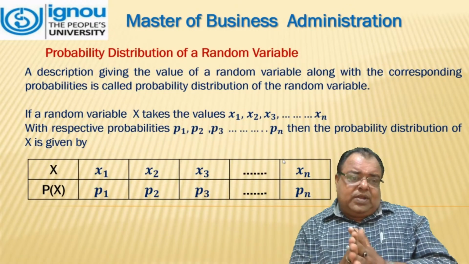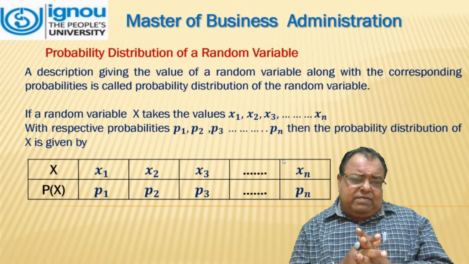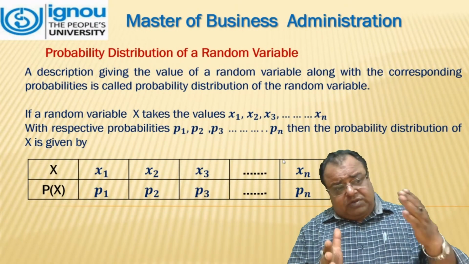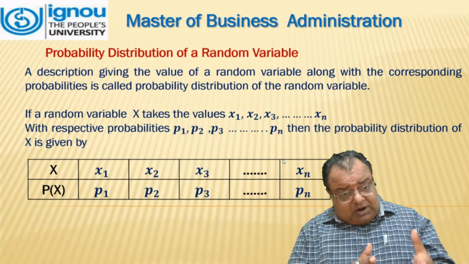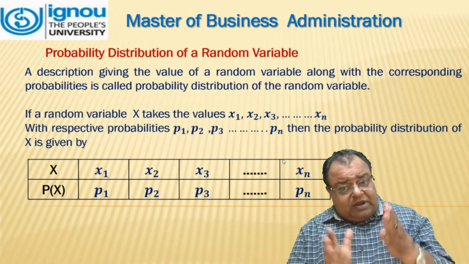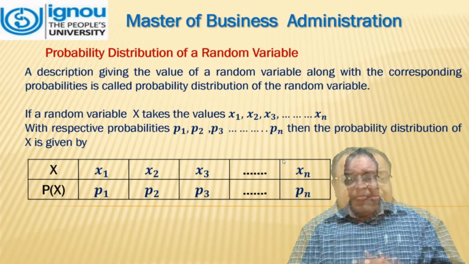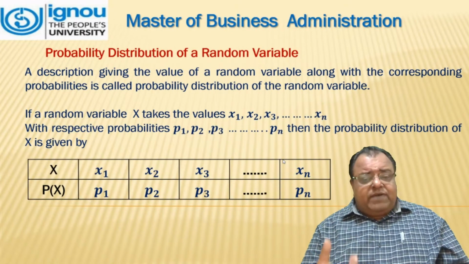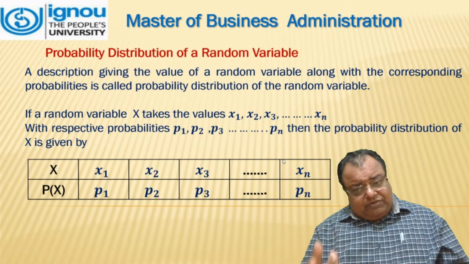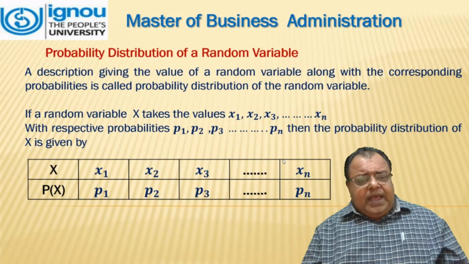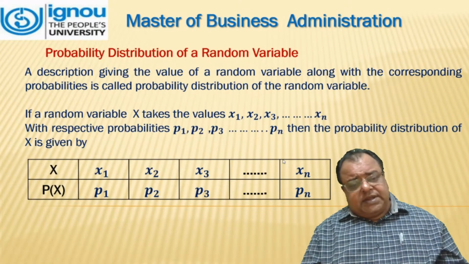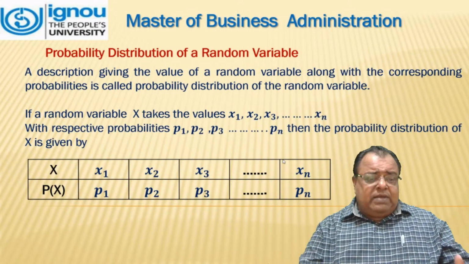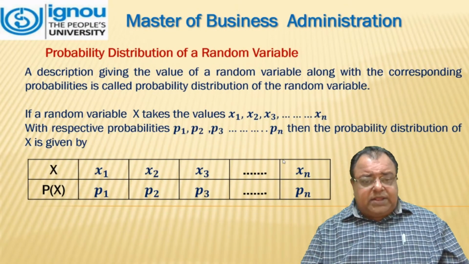Now, a description giving the value of a random variable along with the corresponding probability is called the probability distribution of the random variable. If a random variable x takes the values x1, x2, x3 till xn, and the respective probabilities are p1, p2, p3 till pn, mathematically we can write it like this.